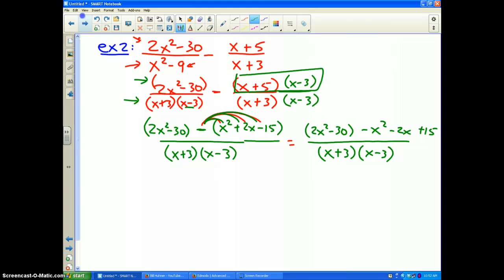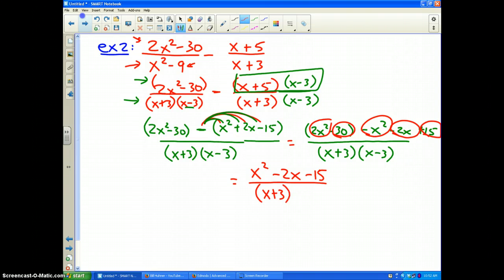Super. Now I can combine my like terms. I have 2x squareds minus 1x squared, which will leave me 1x squared. I've got a negative 2x. And then I got a minus 30 and a plus 15, which makes minus 15, the whole thing over x plus 3 times x minus 3.